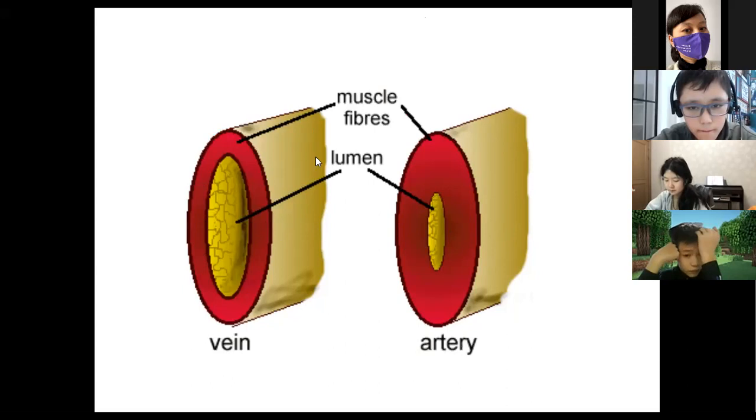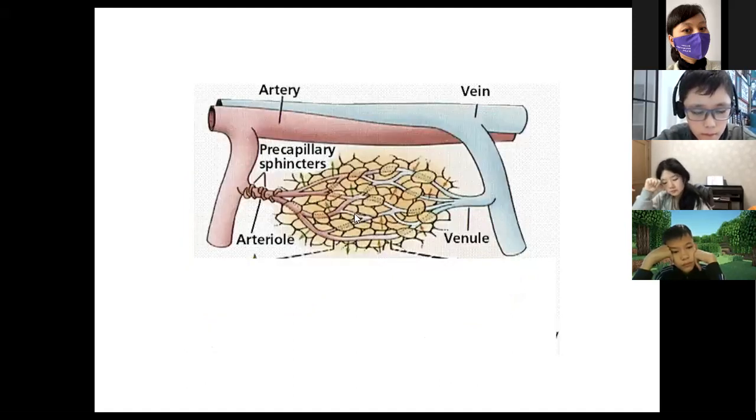Also, if we compare, the vein wall is thinner. This is the thick wall, this is thinner. First difference, arteries are generally larger than veins. Next one, capillaries. Look at it, the small branches of an artery are called arterioles.